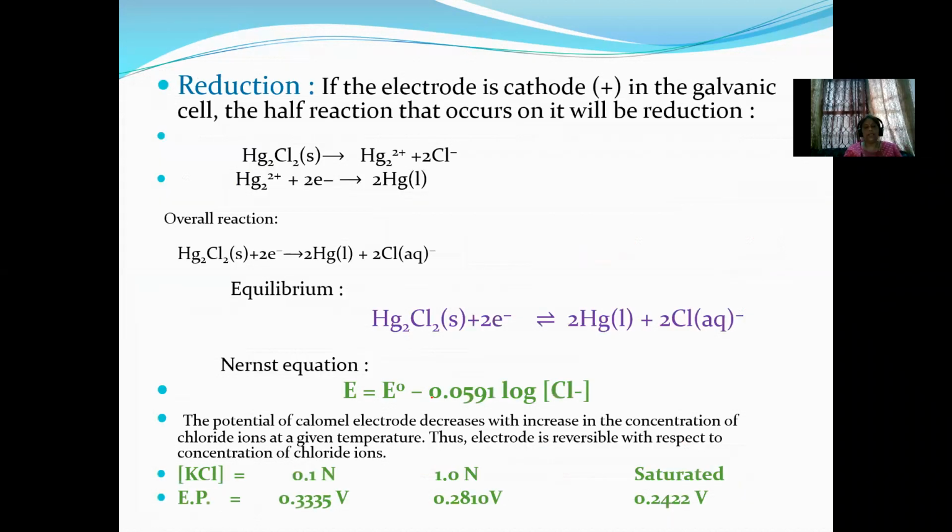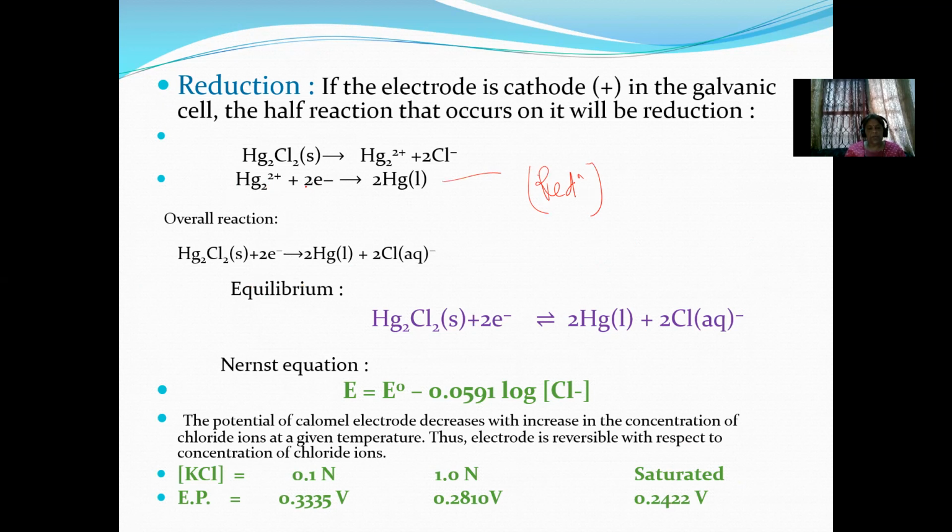Now, if the electrode acts as cathode, you are using this Calomel electrode, and you have taken another electrode as the anode and the Calomel electrode as the cathode. Now, if the Calomel electrode acts as cathode, which kind of reaction will take place? The main reaction will be the reduction reaction. You see here, electrons are consumed by the mercurous ion.